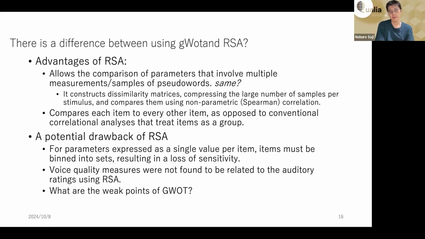But RSA is basically a correlation that changes continuously. So I think this is a very big difference between RSA analysis and GWOT analysis. But my experience of using GWOT is very limited, so I'm not confident it is very consistent.